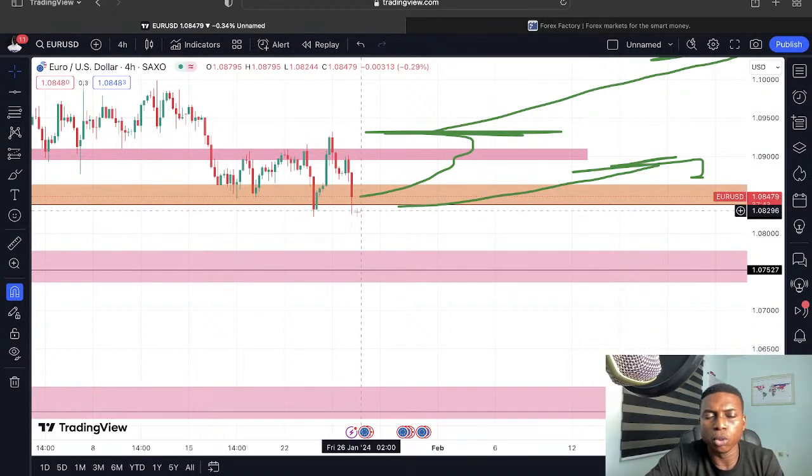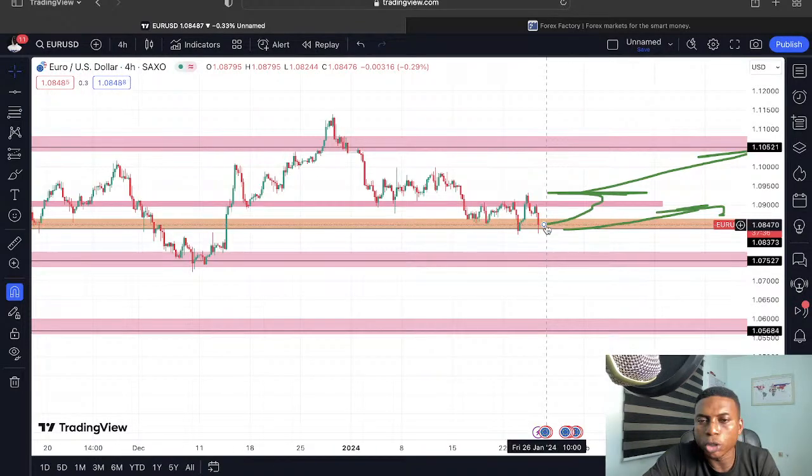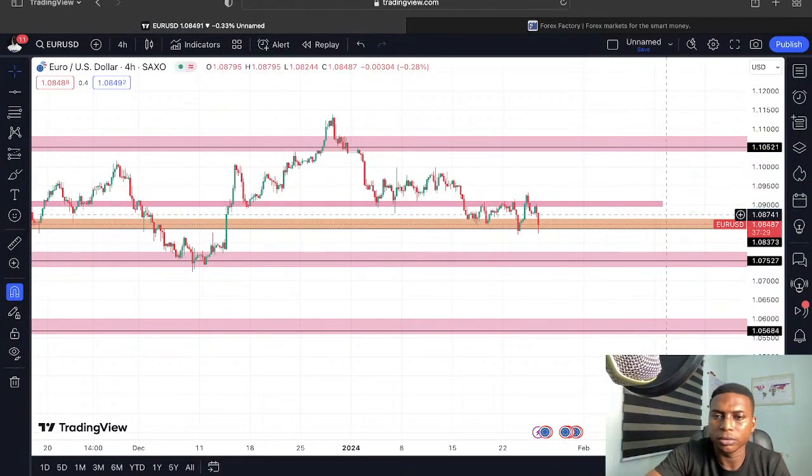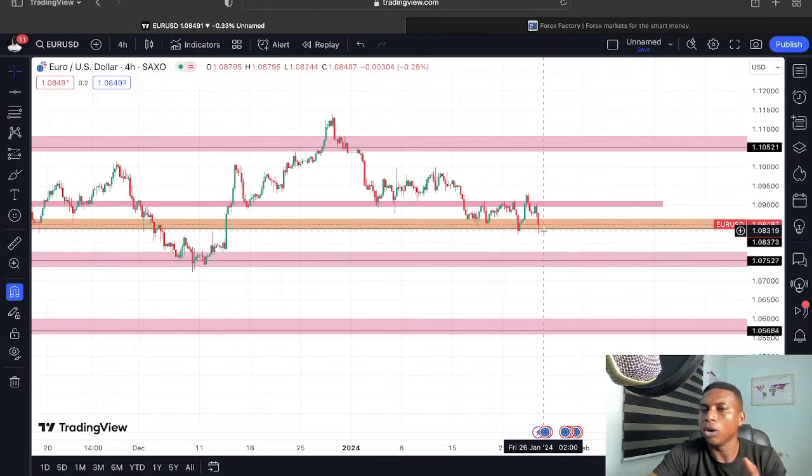But we are expecting price to push up further on this level.